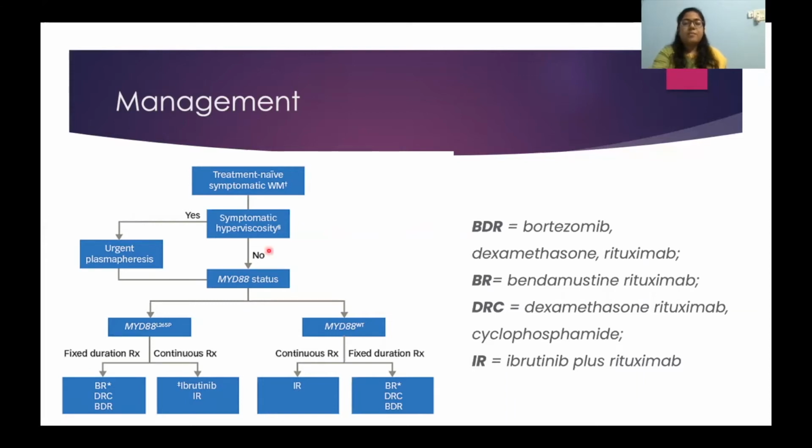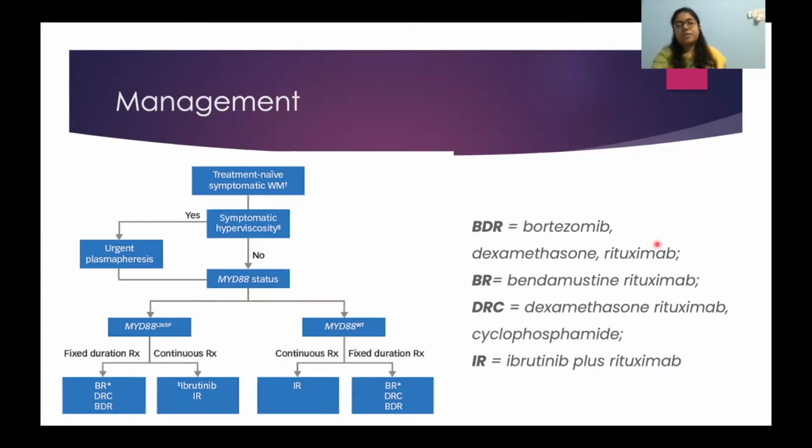If hyperviscosity is symptomatically present, you should go for urgent plasmapheresis. If that is not present, you can confirm the case by doing MYD88 status. Once it has been confirmed, treatment includes a combination of drugs where you can use rituximab, since it is a B cell neoplasm giving rise to this.